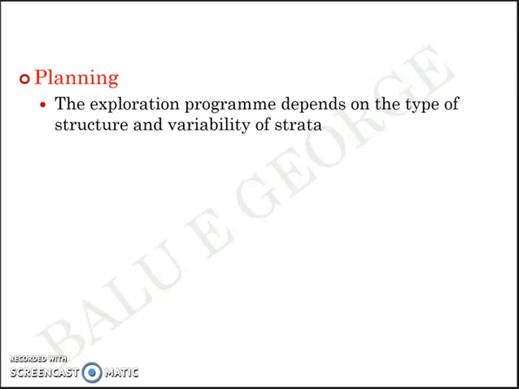The type of the structure can be a residential building, it can be a dam, it can be a commercial building of G+5, etc. And also the plan can be irregular or rectangular, etc. So the exploration program depends on the type of the structure and also the variability of the strata, whether you can expect almost uniform soil beneath the ground level that you see, or whether you can expect abrupt variations, whether rock is available at a shallow depth or whether it's expected only at a deeper depth of, let's say, 15 meters, etc. So everything should be included in planning.